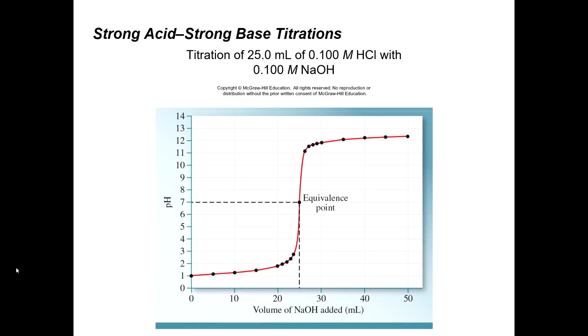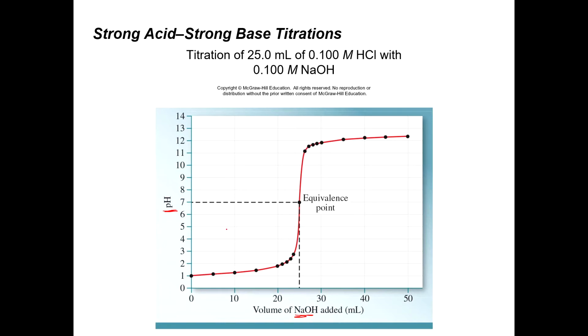So let's see what happens when you react your base with the acid. When you look at this graph, you can easily observe that on the y-axis you have pH, and on the x-axis you have the volume of the sodium hydroxide.